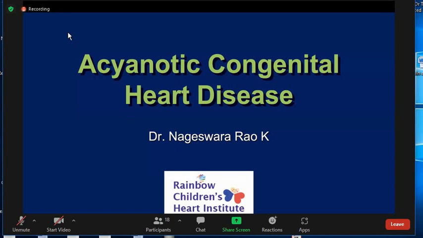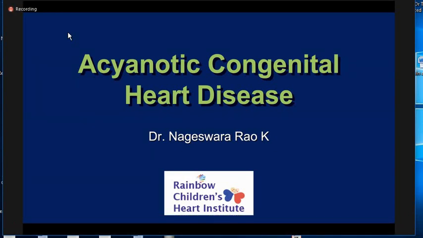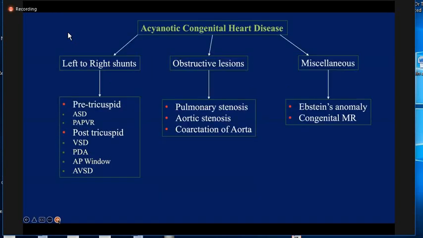I thought a clinical approach to some particular topic is pertinent to this students' class rather than any of the management aspects. So I have chosen to talk on the pretricuspid left to right shunts. If you look at these, you have acyanotic congenital heart diseases: left to right shunts, obstructive diseases, and miscellaneous diseases.